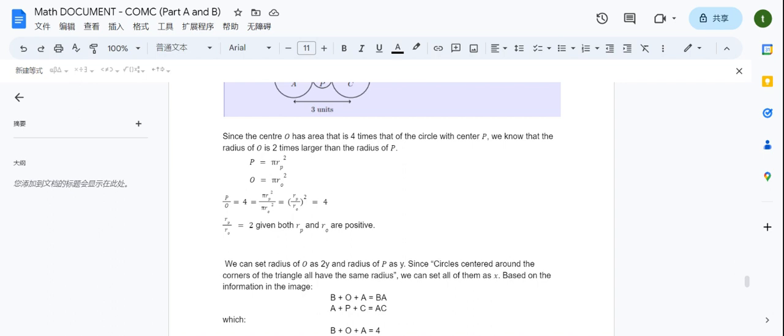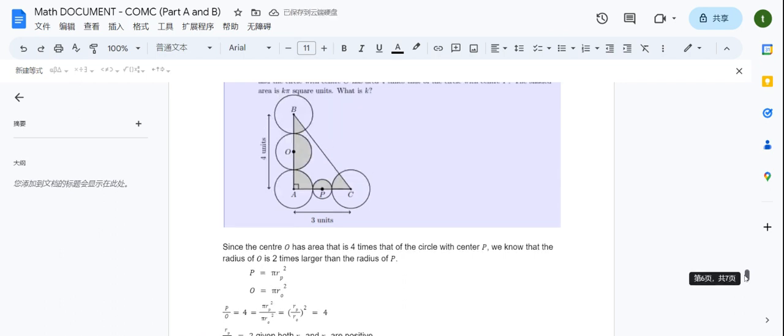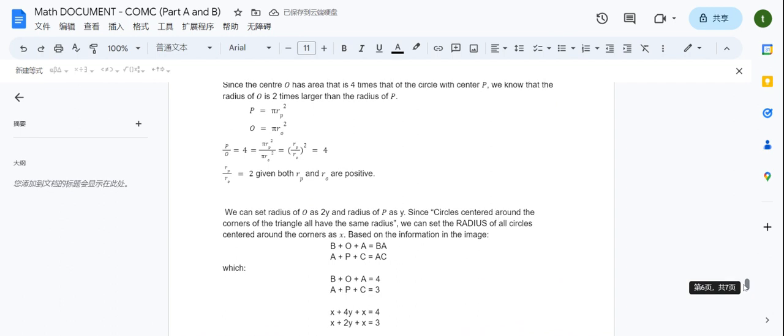Since circles centered around the corners of the triangle all have the same radius, which comes directly from the problem, we can set the radius of all circles centered around the corners, circle B, circle A, and circle C, as x.